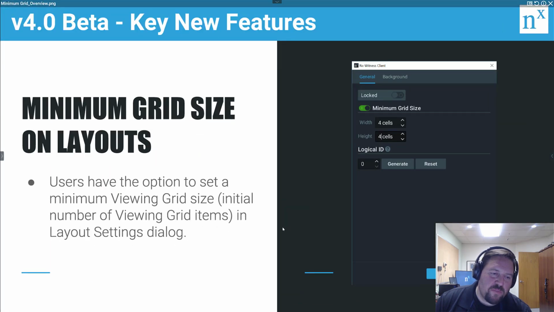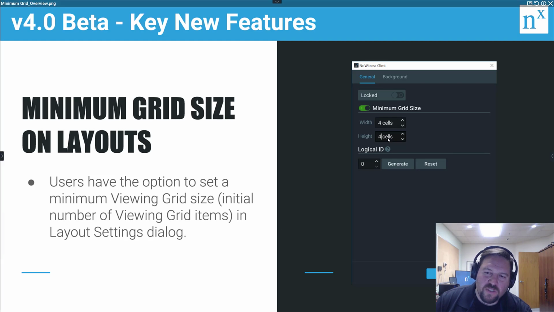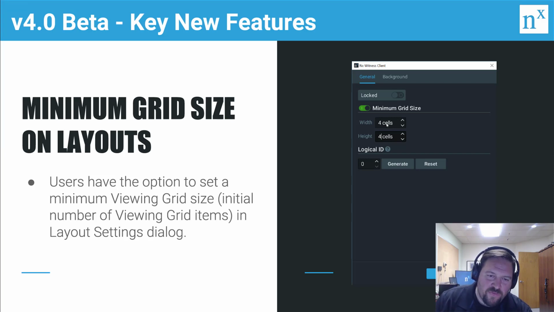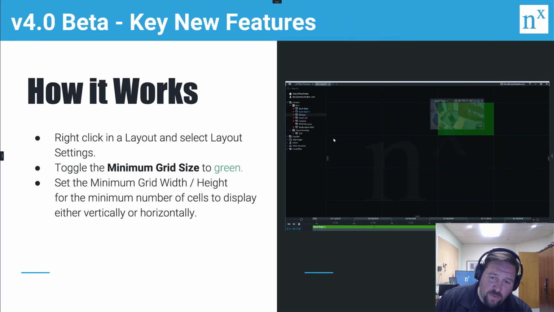Users now have the option to set a minimum viewing grid size. That's the initial number of viewing grid items in the layout settings dialog. So that's what this looks like right here. You can see minimum grid size is toggled on, and I've got a minimum width of 4 and a minimum height of 4, right? Obviously screen sizes change, so this will be adaptive. How it works is you right click anywhere in the layout and select layout settings.